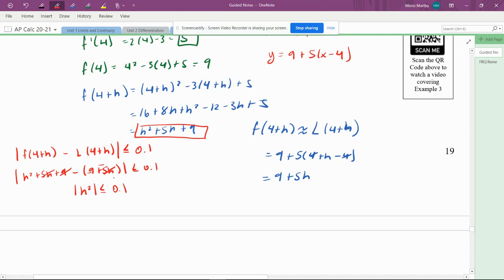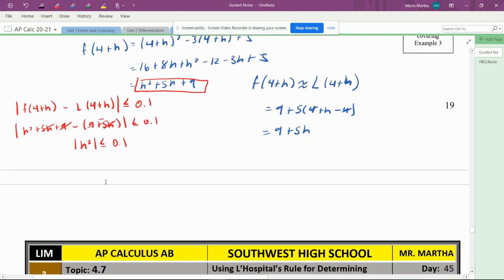And now technically, h can be positive or negative. So therefore, if we take the plus or minus square root, h squared equals 0.1.